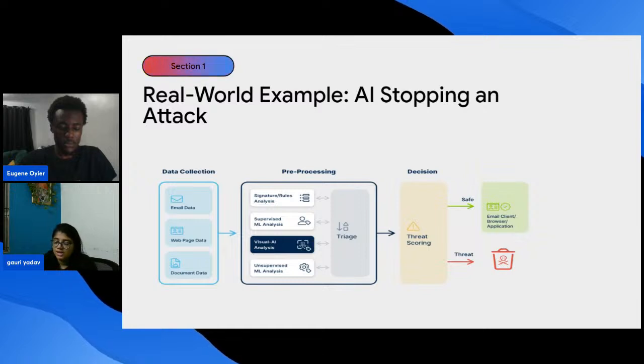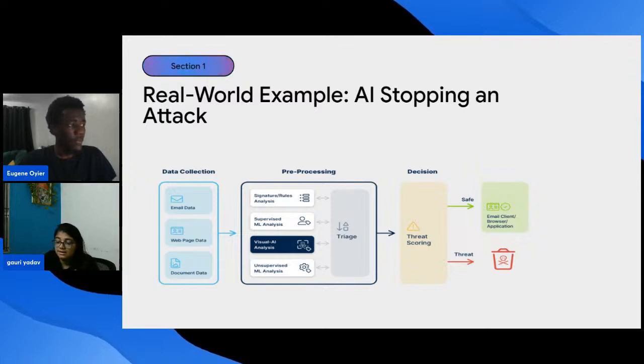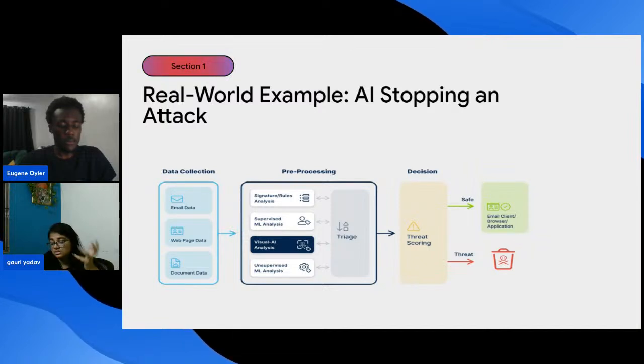Then we have visual AI analysis. It is also a very important part. It checks what kind of person has sent it, whether this identity is even present in this company, whether it is our client or not. Then we have unsupervised ML analysis. Then it goes to the decision making part, where it decides whether this has some threat or we are safe.